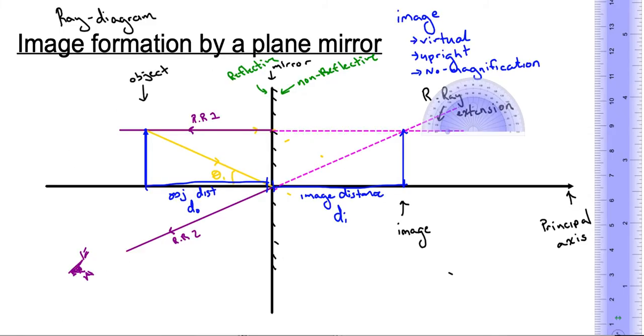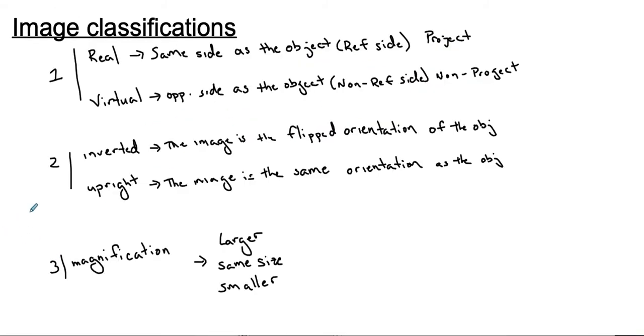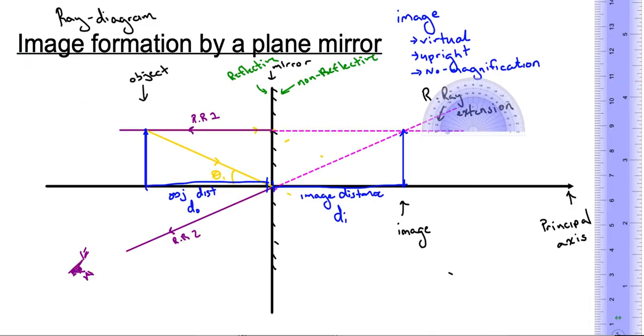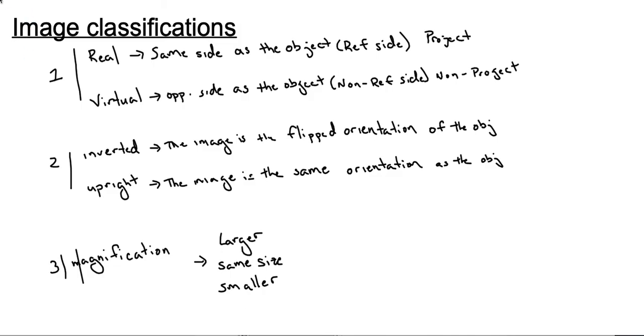So in the case of our plane mirror, the image was virtual, so it's on the opposite side of the mirror. It's on the non-reflective side. The image is upright, has the same orientation as our object, and there's no magnification. They are the same exact size. Right, so you always want to describe your images using these 3 descriptors.